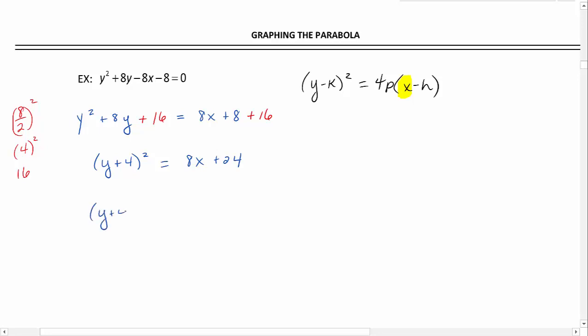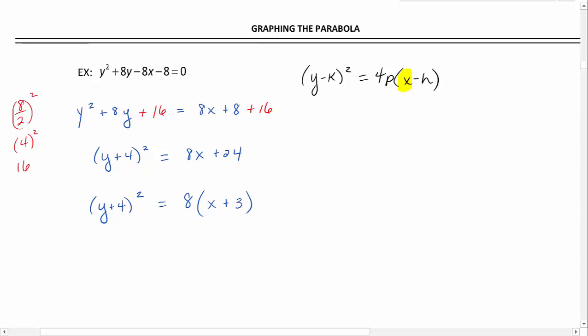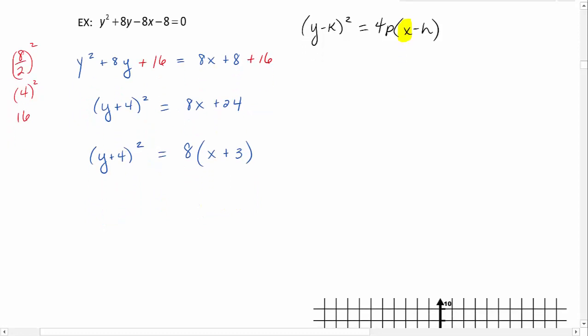Even if that creates a fraction, factor it out. It doesn't happen very often that we get a fraction. That just means that our vertex has a fraction in it, and the reality of it is that happens sometimes. Okay, so there's our standard form. Y plus 4 quantity squared equals 8 times the quantity x plus 3.